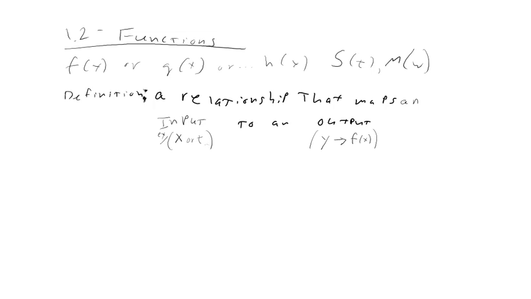So those are our inputs and outputs, right? So a function is this relationship. All it does is map inputs to outputs. It shows us if I plug in this number, I'm going to get this number out. Just a simple relationship.